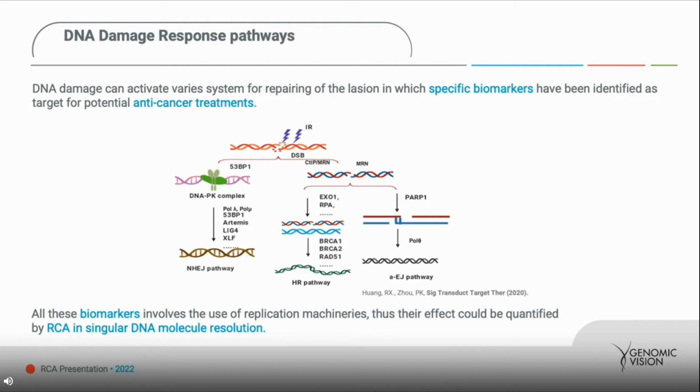The most common is PARP inhibitor, so PARP1 pathways, with PARP inhibitor and Pol theta. But there are also other pathways with BRCA1 being one and RAD51. These pathways are using the replication machinery, so the effect of the drug can be monitored and quantified by RCA and molecular combing at a single DNA molecule resolution.